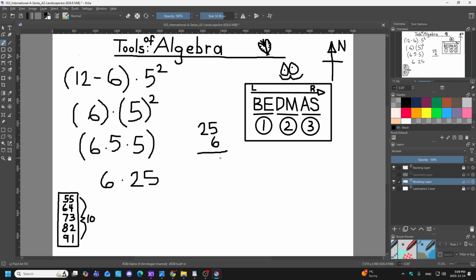6 times 5 is 30. Carry the 3. 6 times 2 is 12. 13, 14, 15. 150. Now, hopefully I didn't mess up anywhere.